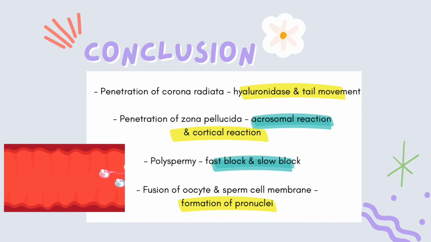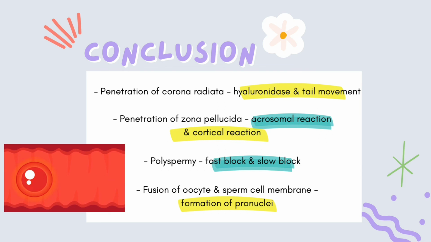To conclude our video, we have learned about 3 phases in fertilization. Penetration of corona radiata, where the sperm uses hyaluronidase and tail movement to make the passage. Penetration of zona pellucida, helped by the enzymes esterase, acrosin, and neuraminidase, which involves an acrosomal reaction and cortical reaction, where fast block and slow block are vital in prevention of polyspermy.